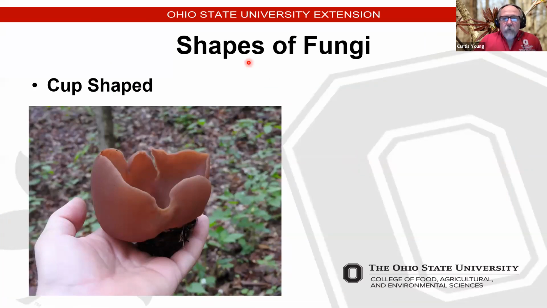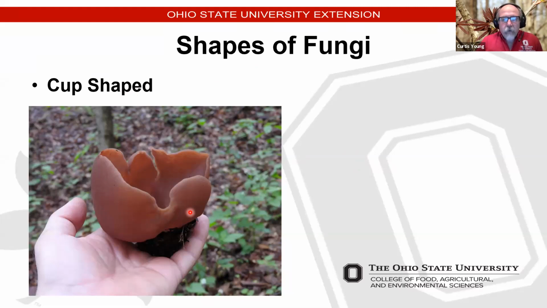The next shape that we run into are the cup shapes. Here is one that has the common name of common brown cup. Most of the other fungi that we've looked at to this point have been in the group called the Basidiomycota, except for the morels. These are in the Ascomycota, or the cup fungi.